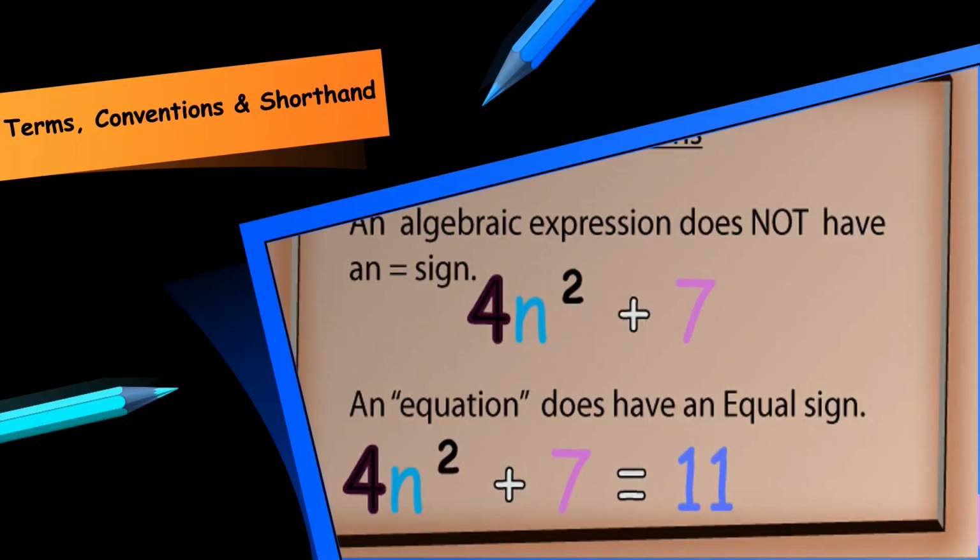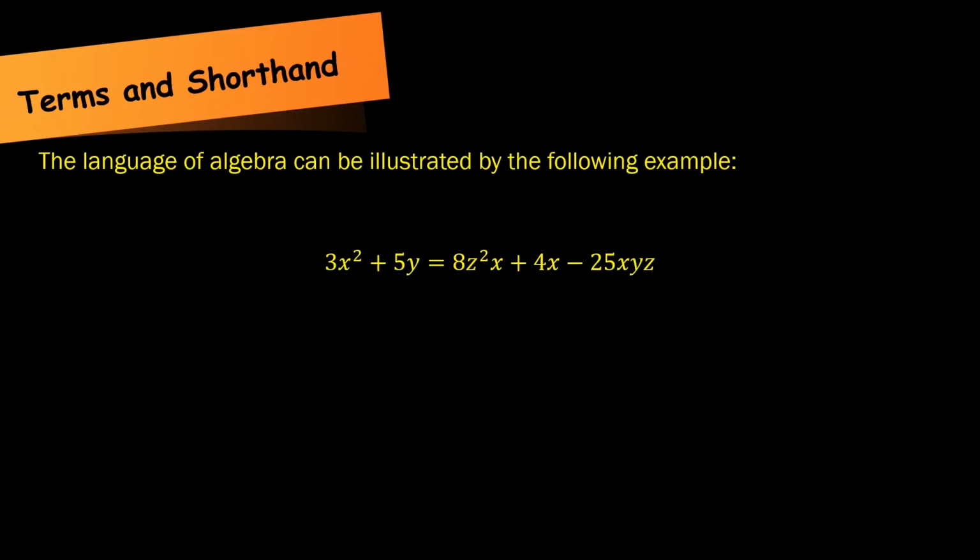We will now take a look at terms, conventions, and shorthand in algebra. The language of algebra can be illustrated by using this example shown on your screen. The letters represent numbers. Remember that the letters could be fixed or variable, but usually, as we mentioned earlier, X, Y, and Z will represent variables.